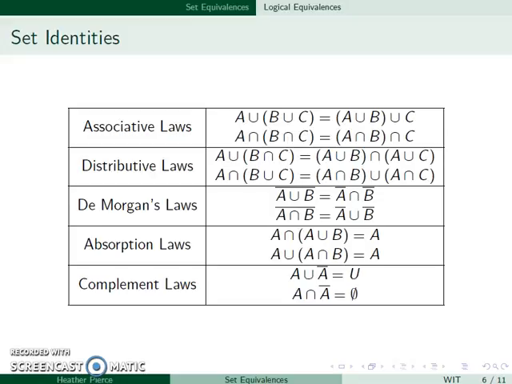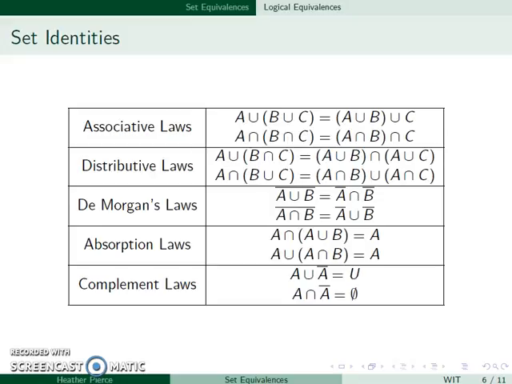We also have De Morgan's laws. The complement of A union B is equal to A bar intersect B bar, and the complement of A intersect B is equal to A bar union B bar. So if we're taking a complement of an entire thing, we have to switch intersection to union and union to intersection.